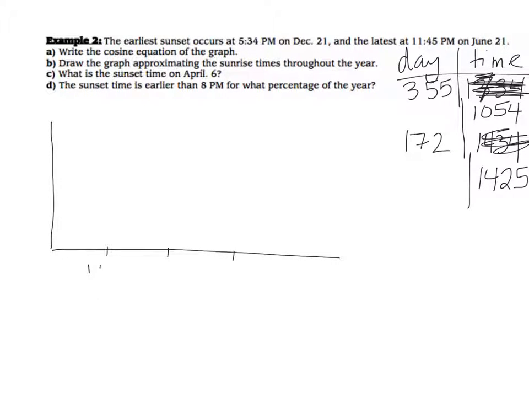For days, let's count by 100s: 100, 200, 300, 400. And then for time, let's do 500 and then 1,000, 1,500, 2,000.